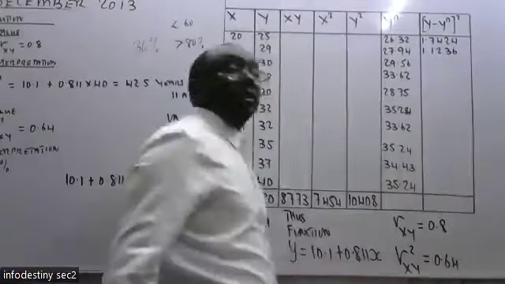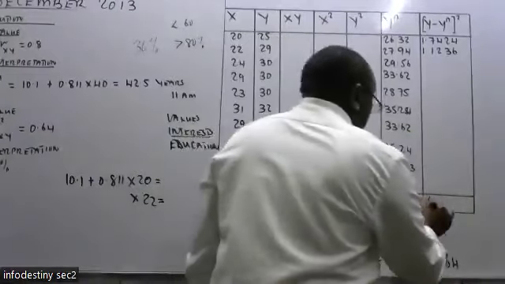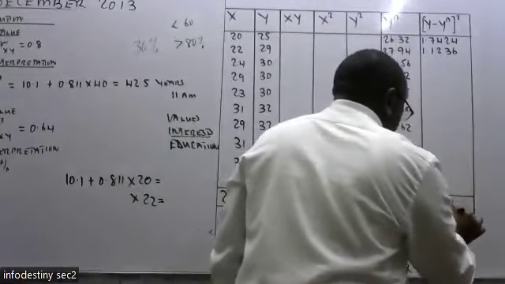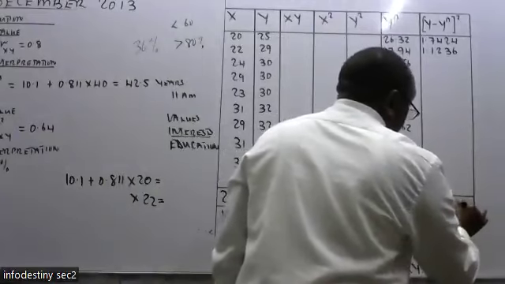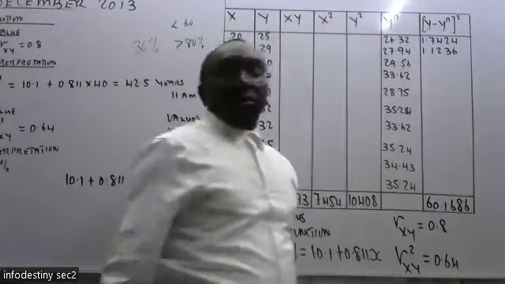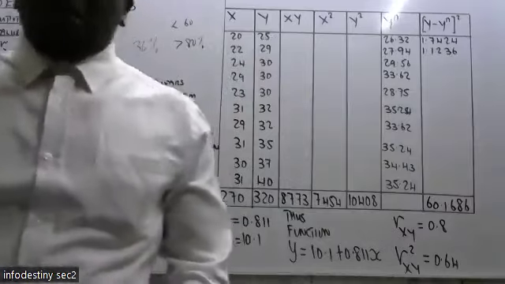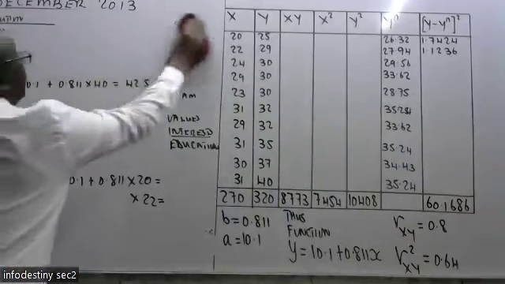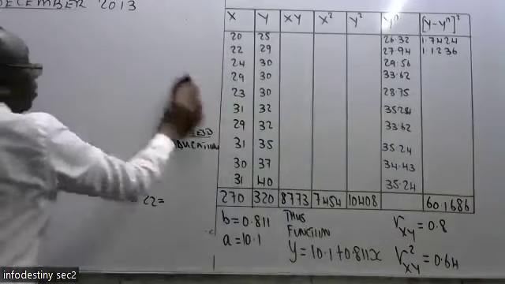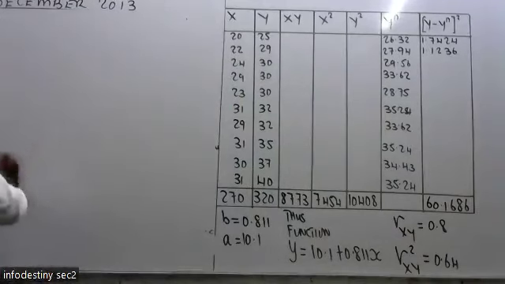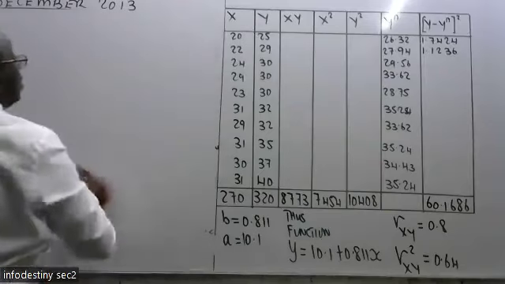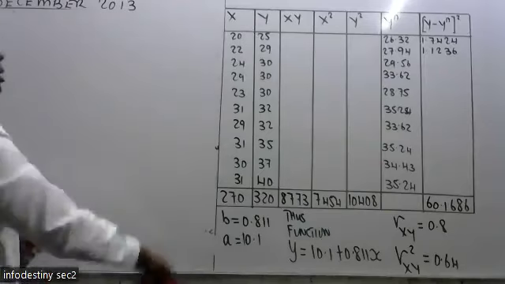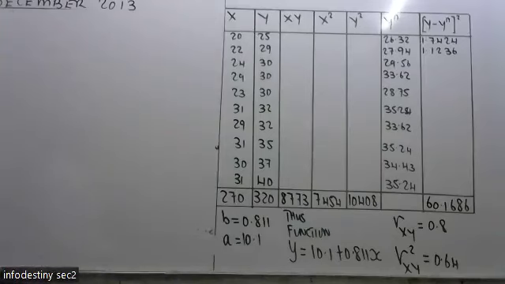That is what you need. 60.1686. So I'm saying we copy because of the interest of time, but in your own time you confirm. Remember how they are being arrived at.